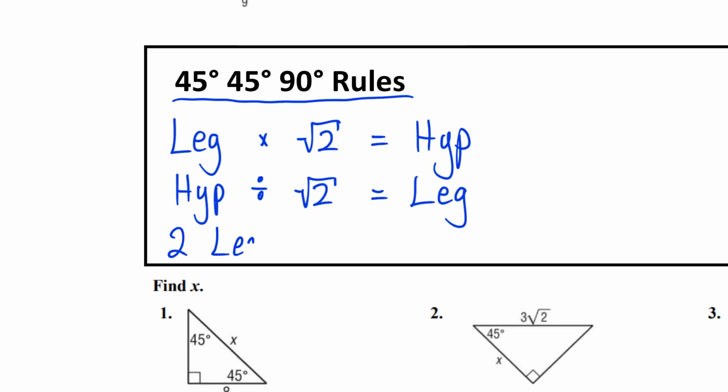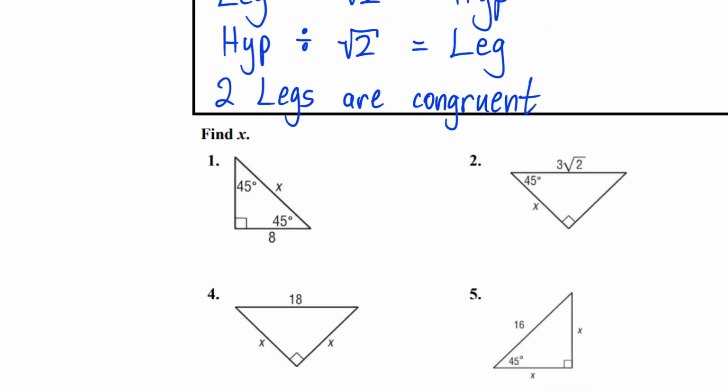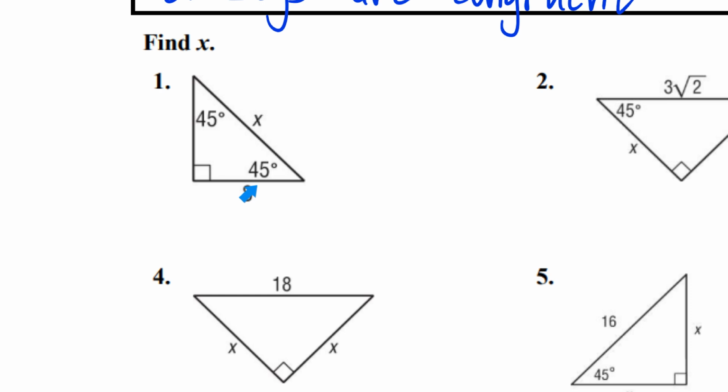Okay, and then on a 45, 45, 90, the two legs are congruent, or they are equal. So, on number 1, this 8 right here, is this one of the legs or the hypotenuse?